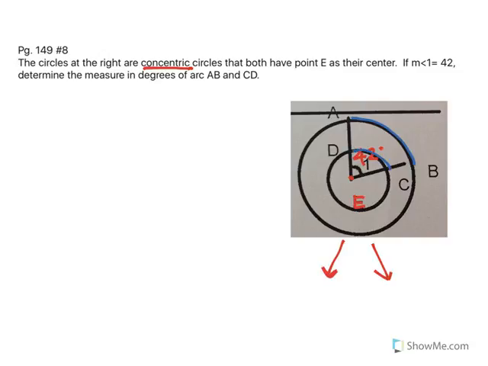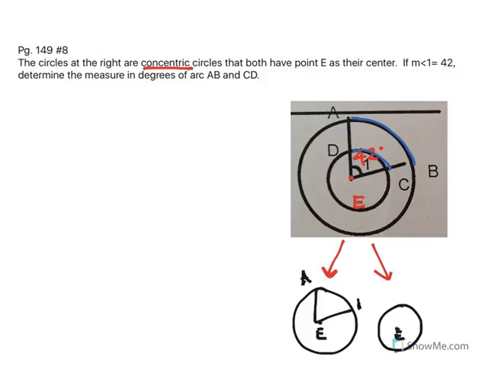Let's draw our big circle here and our little circle here. The center is E. The center is E. We are looking for the measure of arc AB and DC. Both of these are 42 degrees.